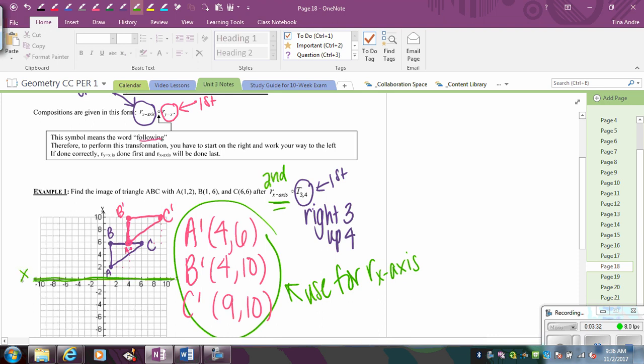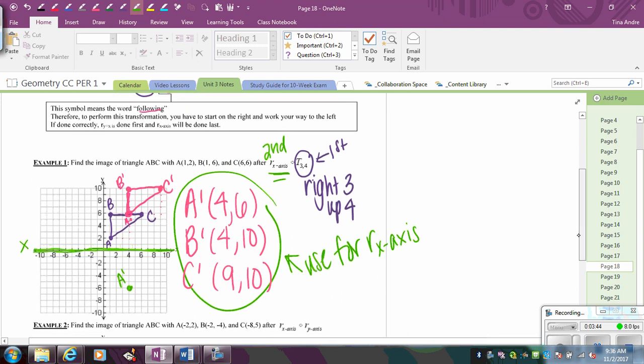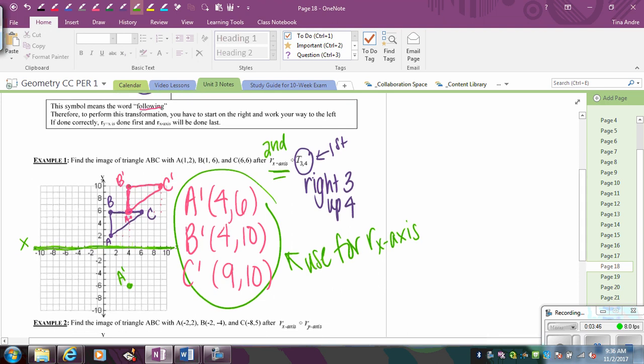I need to reflect that pink triangle over that line. A prime is 6 units to get to the line, so I need to go 6 units from it. B prime is 10 units from that line, so I'm going to go 10 units from it. And then C is also 10 units, so I'm traveling perpendicular to the line of reflection and 10 units from it.